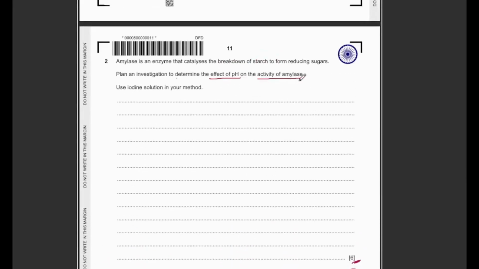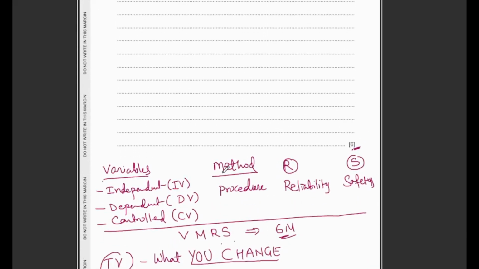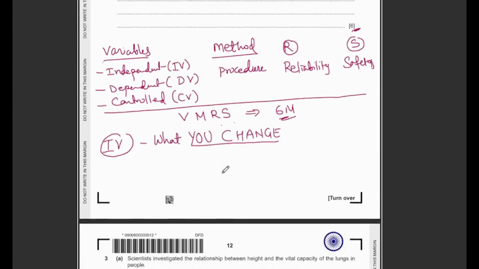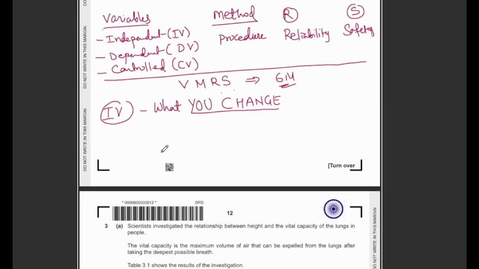Is it the effect of pH or amylase activity? Yes, it is the effect. So most of the time, wherever it is written effect of pH, effect of temperature, on the activity or on the amylase activity, what you change, you are going to change different kinds of pH here. So what you change is basically the independent variable. Fine. Like, what am I testing for? What I am testing is your independent variable, that's pH.